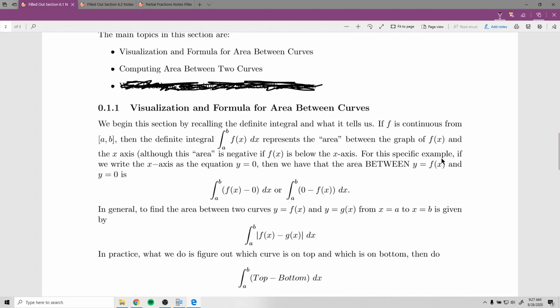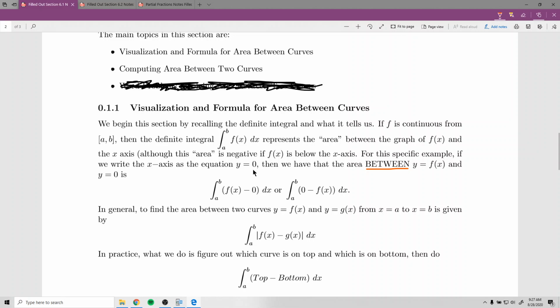So for this specific example, if we write the x-axis as the equation y equals 0, then we have the area between y equals f of x and y equals 0 is one of these two.